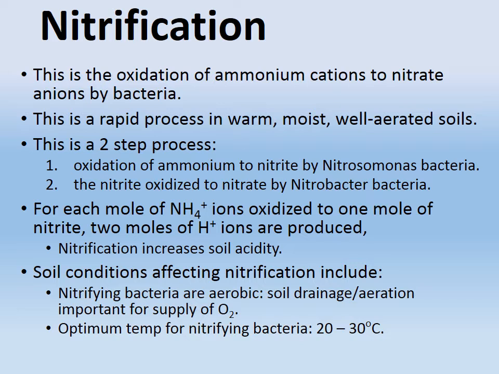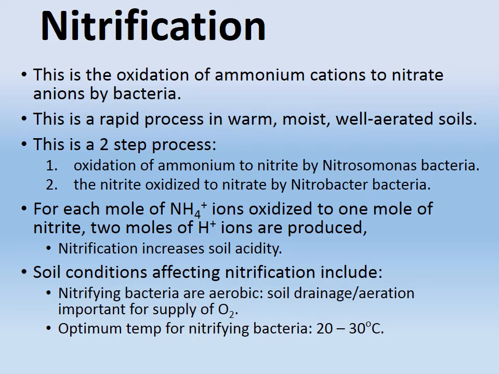So for each mole of ammonium ions oxidized to produce 1 mole of nitrite, 2 moles of hydrogen ions are produced and released into the soil solution. So that is the reason why this process is acidic. Hydrogen ions are being released into the soil solution. Soil conditions affecting nitrification include aeration and temperature.